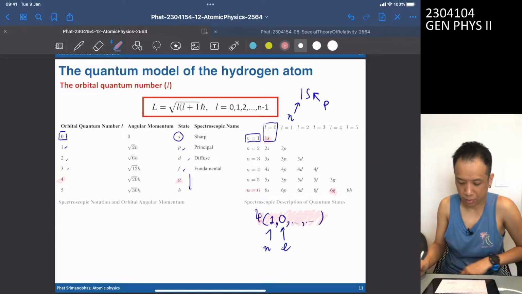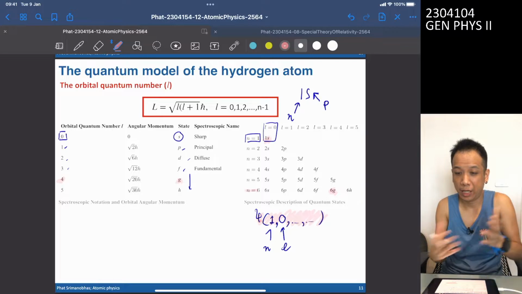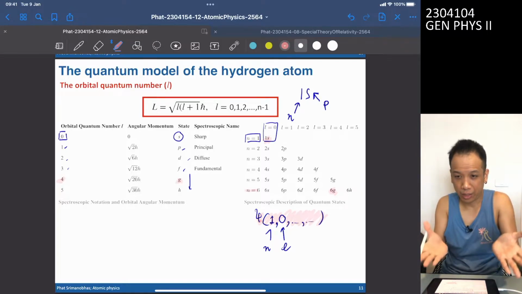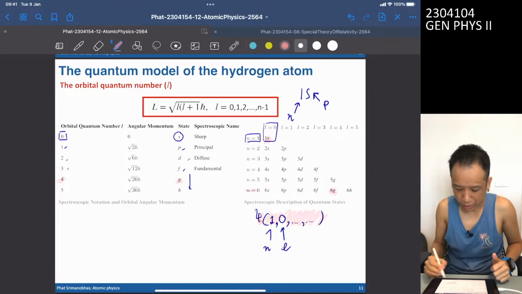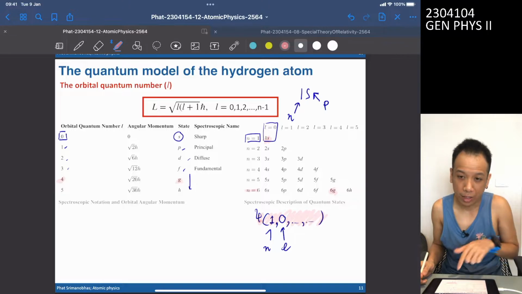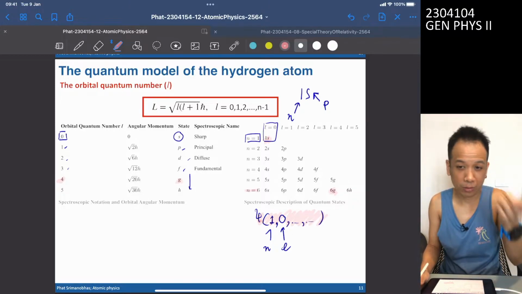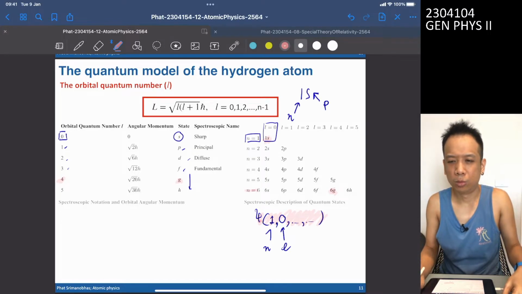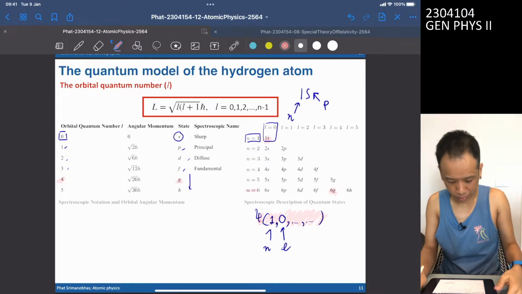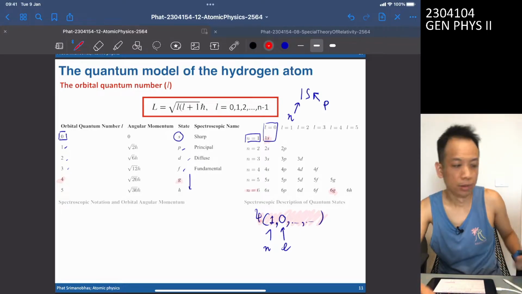This may be familiar to several people, since you're already familiar with spdf. But if you go beyond that, it's easier to just write the wave function with the specific numbers, so you don't need to remember the alphabet and convert it back to numbers.